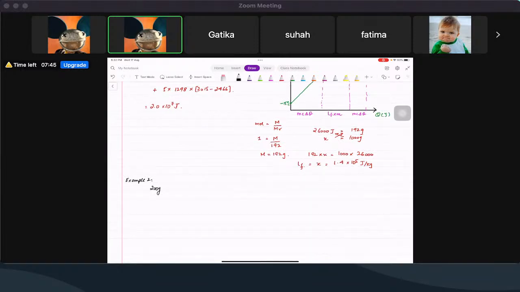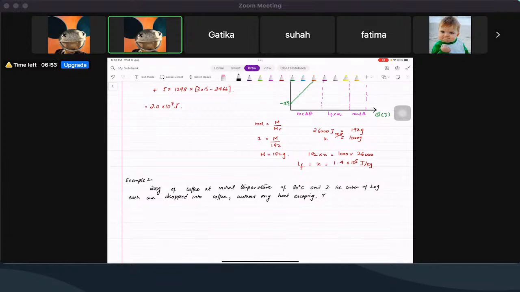So 200 grams of coffee at initial temperature of 80 degrees Celsius and 2 ice cubes of 20 grams each are dropped into the coffee, without any heat escaping.